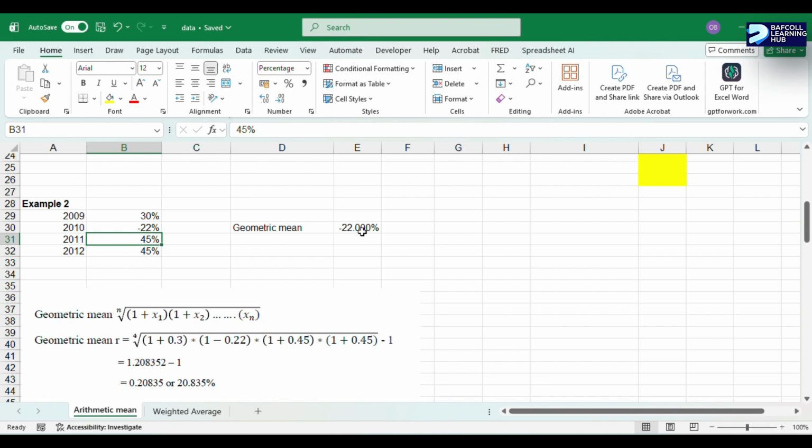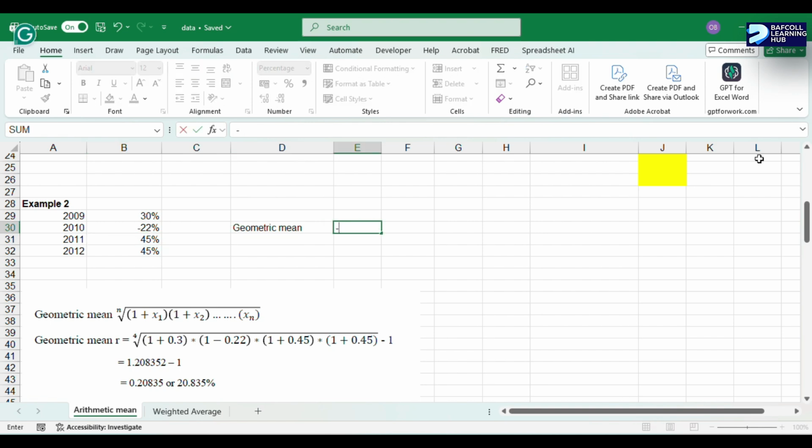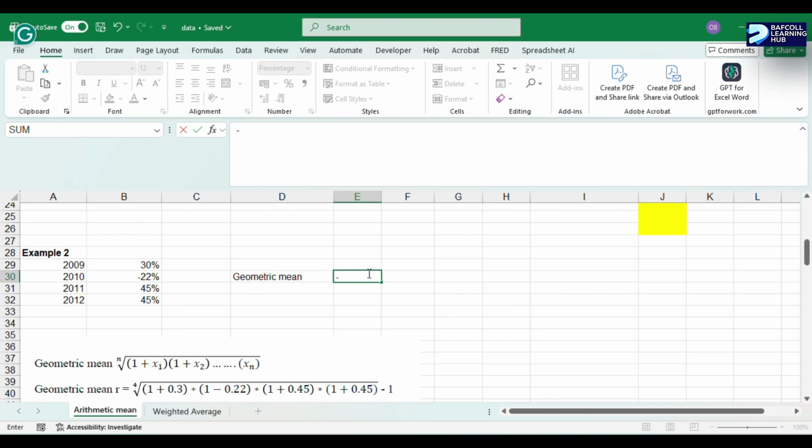Alright, so our geometric mean equals, and you can kindly pay attention to the formula bar over here.